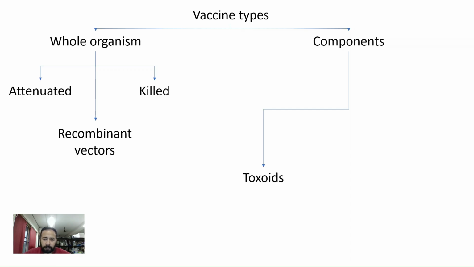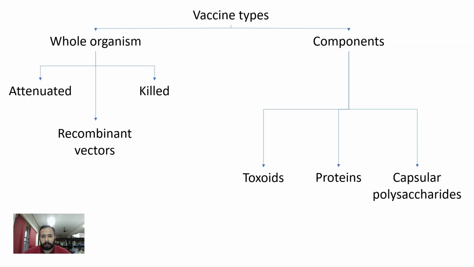Now, the second type is protein vaccines, where surface proteins of the bacteria or virus can be used as a vaccine. And one example is one of the hepatitis B vaccines.